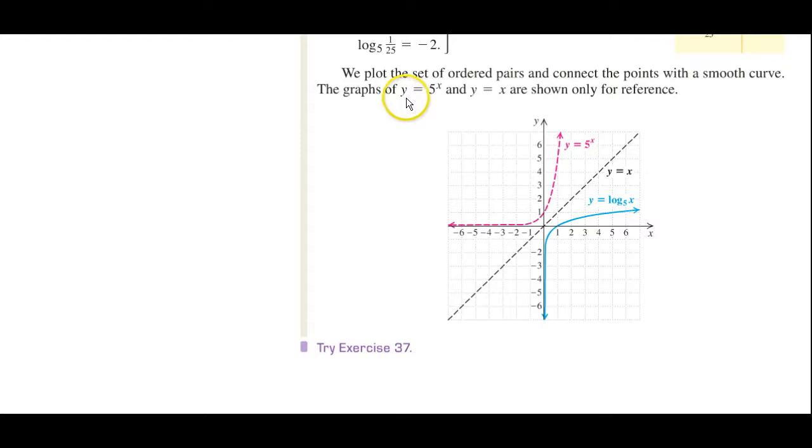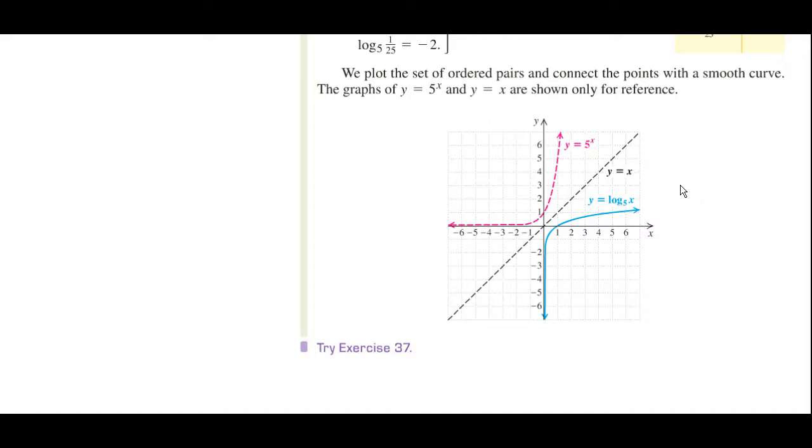So the graph of y equals 5 to the x power, and keeping our axis of symmetry, y equals x, and these are just shown for reference, that this is the inverse in its logarithmic form of our exponential form. So we're sort of overlapping what we did in section 2.